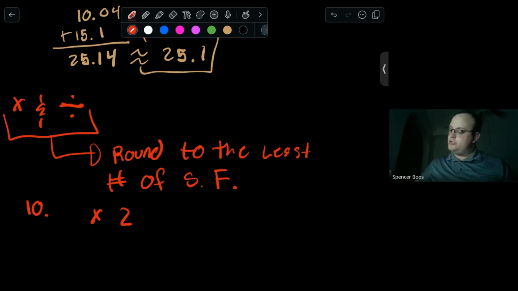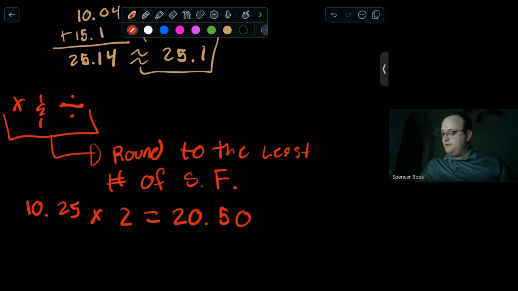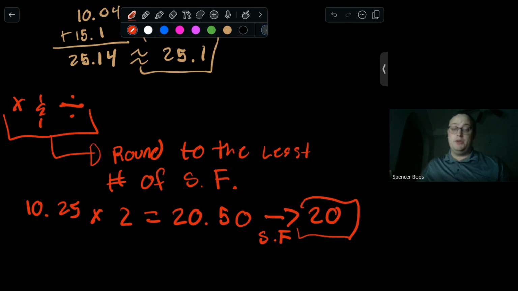Let's do 10.25, make it easy. If we do this calculation, we would get 20.50. But for sig figs, we can only have one sig fig. So that makes this a little interesting. We can only have one, so this would be rounded to 20 on the dot. No decimal. When you add that decimal, it makes that 0 significant, so we can't have that.